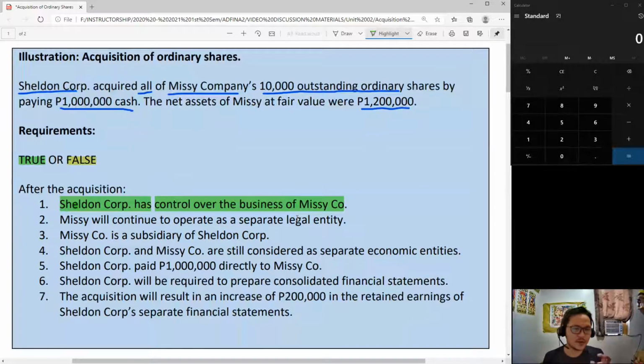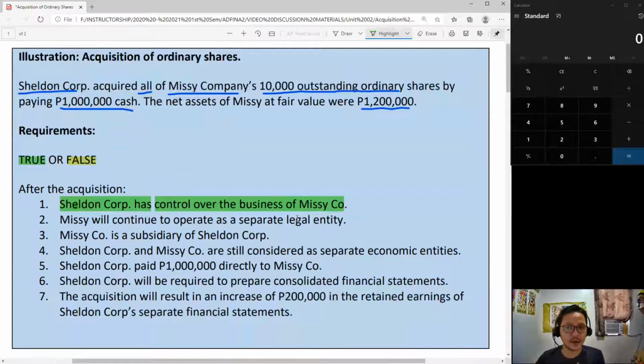So, if you follow that up into this problem, Sheldon acquired Missy's ordinary shares, right? Sheldon did so by talking to the current shareholders. This is what happened: Sheldon talked to all the shareholders and the shareholders of Missy agreed to sell all the shares to Sheldon. So right now, the proof of ownership, the ordinary shares, were transferred to Sheldon.